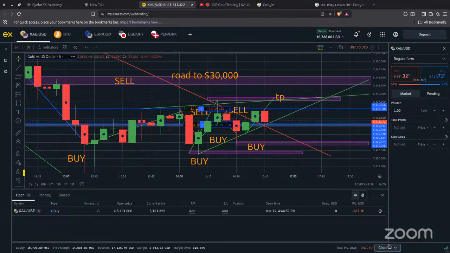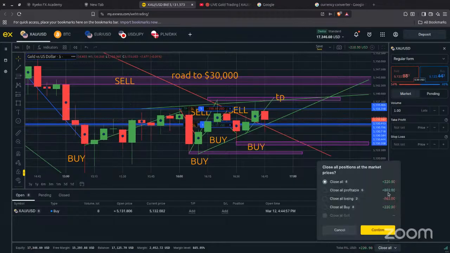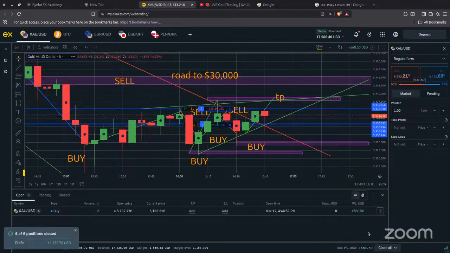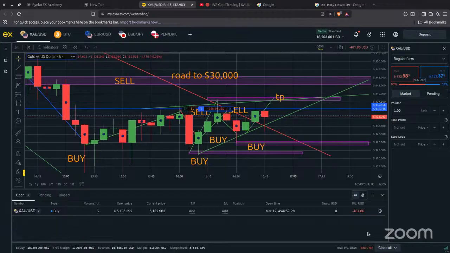You can see I'm making some money. No need to panic. I can close that profitable trade so that I allow my account to first go up.